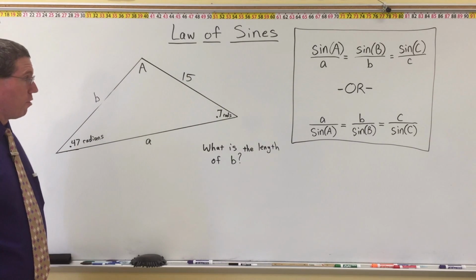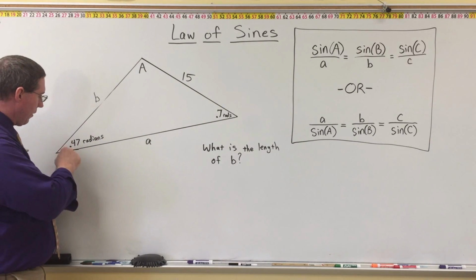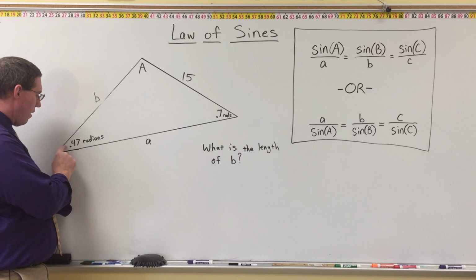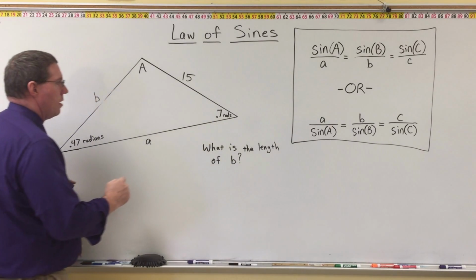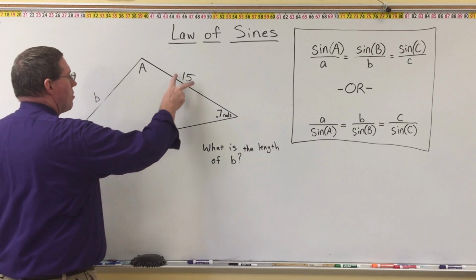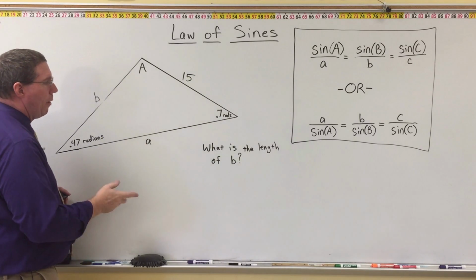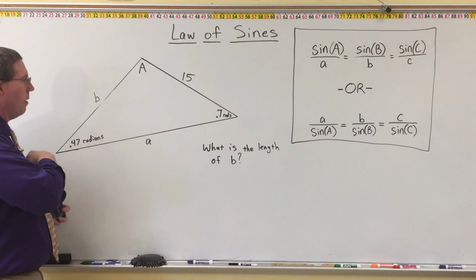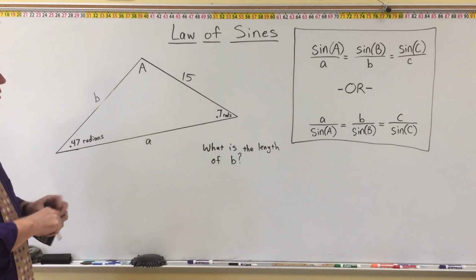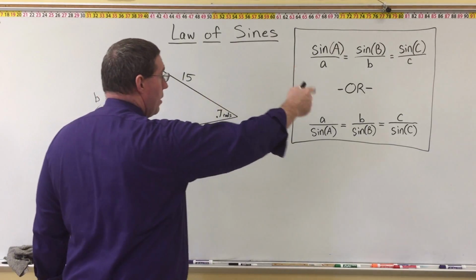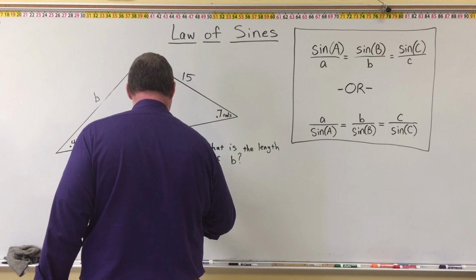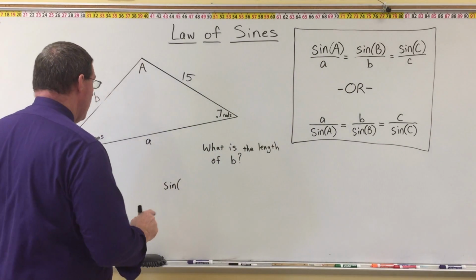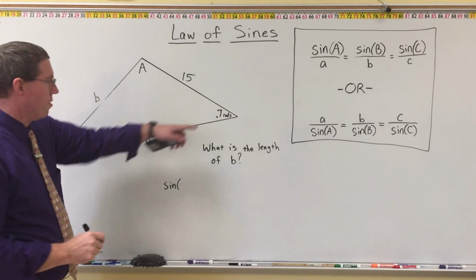All right, so what I've got here is two angle measures. I've got 0.47 radians in angle C, I've got 0.7 radians in angle B. Side C is 15 long, and now we want to know what is the length of side B. So we're going to use the law of sines: sine of B over B is equal to sine of C over C. Sine of B, B in this case is 0.7 radians.